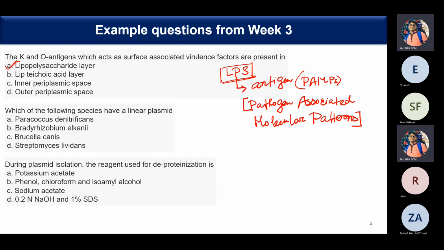So what happened? The discoverer of TLR, what is his name? Hoffman is the dendritic cells. I'm forgetting.